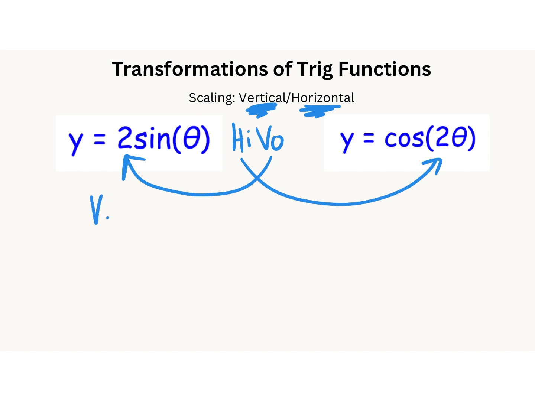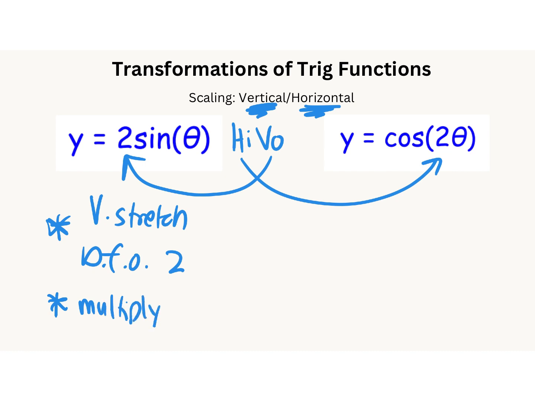Okay, so I could describe 2 times sine of theta as a vertical stretch by a factor of 2. I could also say that this is going to multiply my y coordinates by a factor of 2.